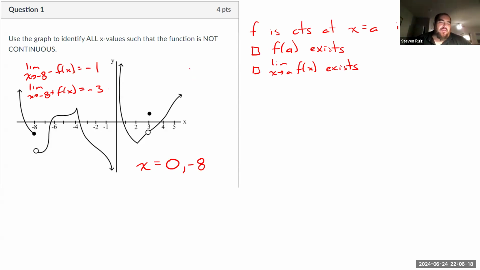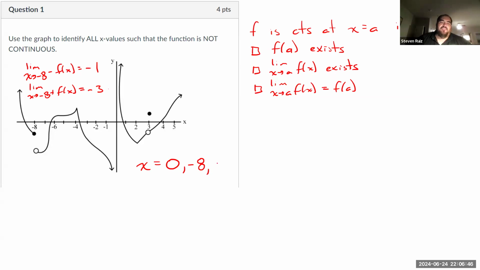Is that true of anywhere else on here? I don't believe it is. So what's our third condition? The limit as x approaches a of f of x is equal to f of a. And like I've said before, this third condition basically encapsulates the first two. So basically, are there places where the limit exists, the function is defined there, and those two things don't agree?